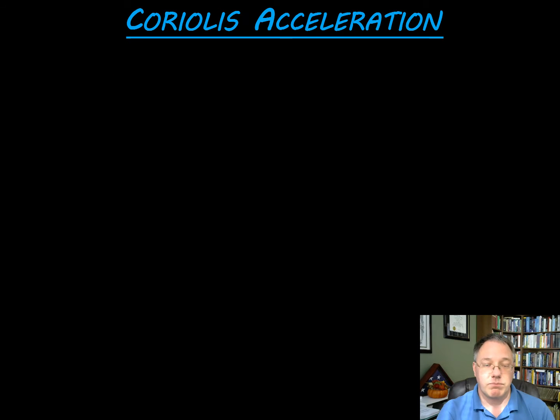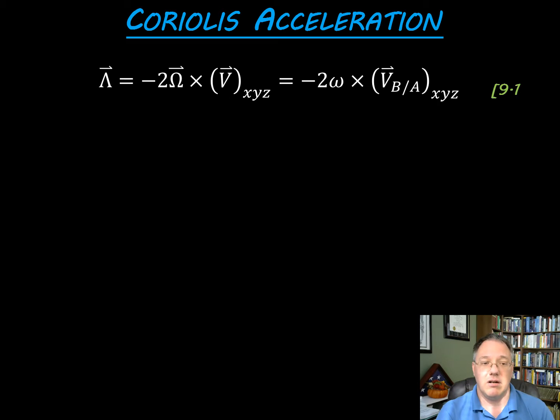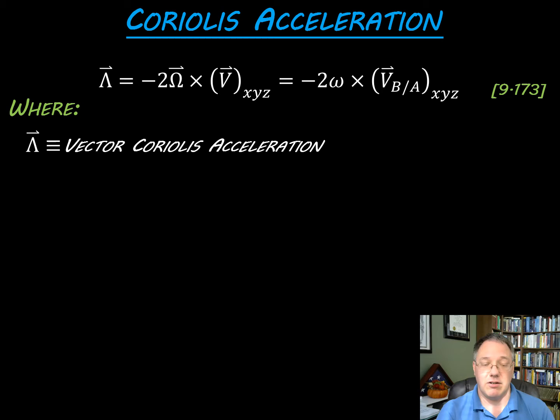So how do we get this Coriolis acceleration? We use this lambda vector here. That's our Coriolis acceleration, and we have equation 9.173 to account for that in different ways. In this, we've got our vector for the Coriolis acceleration itself, that's what we're looking for.